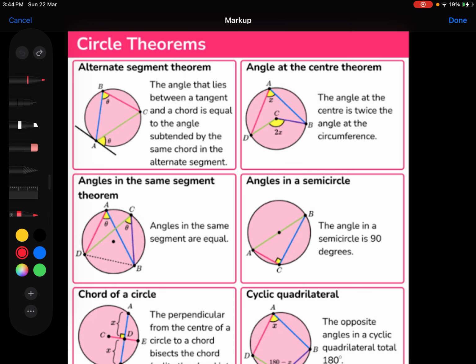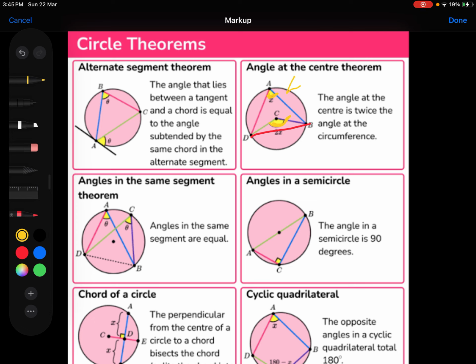And the second one, the angle at the centre theorem. The angle at the centre is twice the angle at the circumference. If we draw a line over here, this is the chord. You can see that these two angles are both on a single chord, but one is at the very edge of the circle, and one is at the centre. So this angle is equal to half the angle over here.